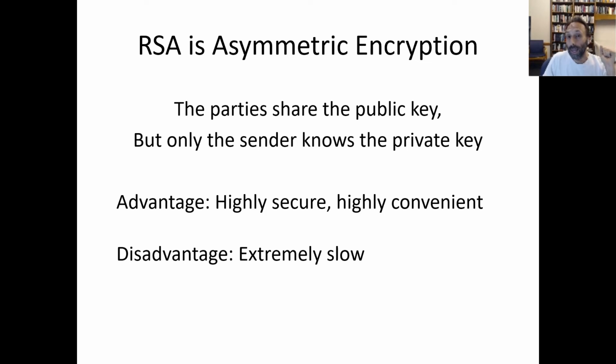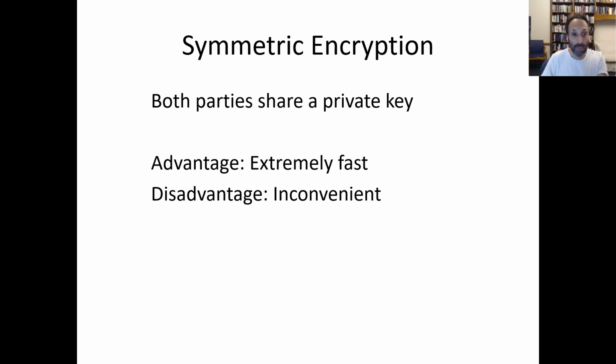So it's kind of impractical to use asymmetric encryption to send messages back and forth using this algorithm. Symmetric encryption is what Sean had mentioned, where both parties share a private key, and the advantage is that it's extremely fast. The disadvantage is it's inconvenient. You have to go to a crypto party or something like that.